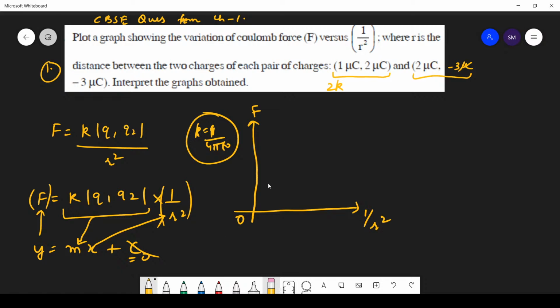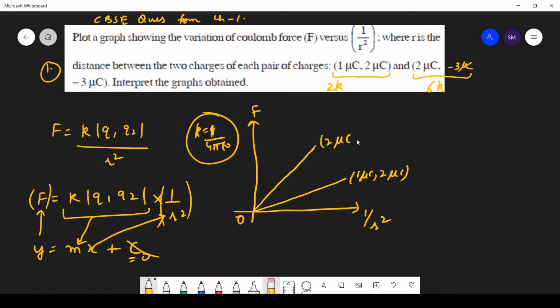So now whose slope is more? The slope of this is 2k, 2 multiplied by 1 into k, and the slope of this is 2 multiplied by 3, so 6k. So 6k has more slope. Obviously the force depends on the product of the charges, so the product is 6k.